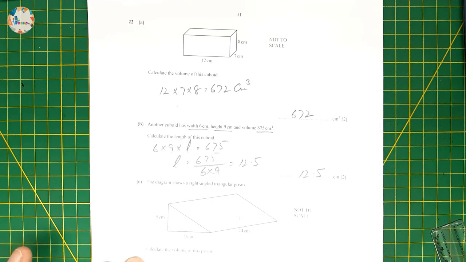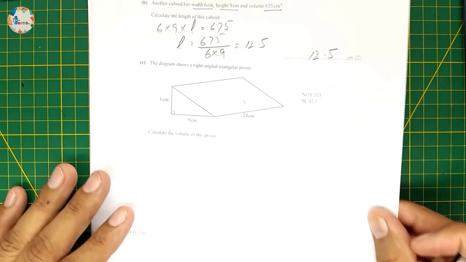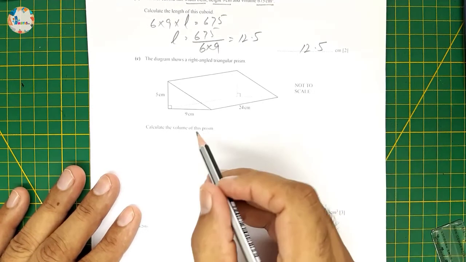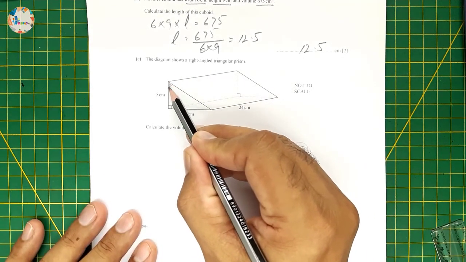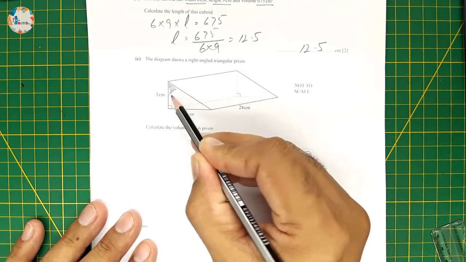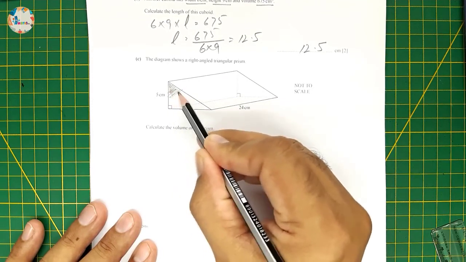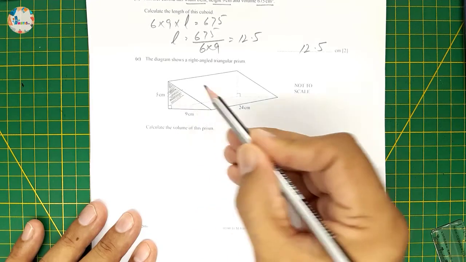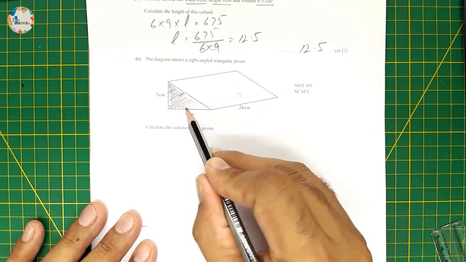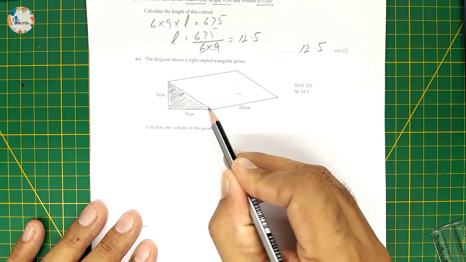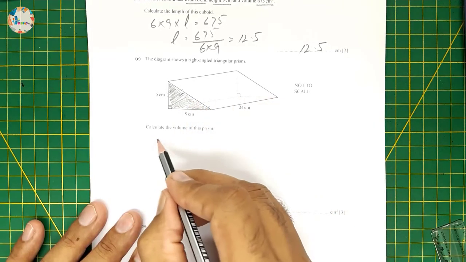And the diagram shows a right angle triangle prism. Calculate the volume of the prism. So volume of the prism will be face area multiplied by the length. So face area will be area of this triangle. We know 1 by 2 into base into height.